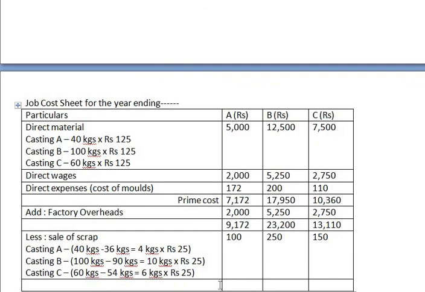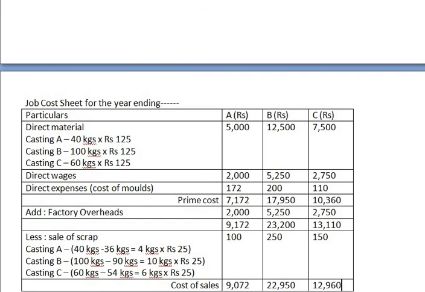So whatever total we get, that is called cost of sales, or we can say total cost. So deduct this, that is 9,072, then 22,950, then 12,960.